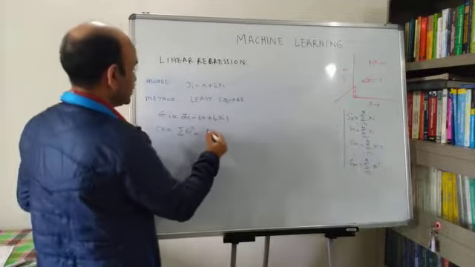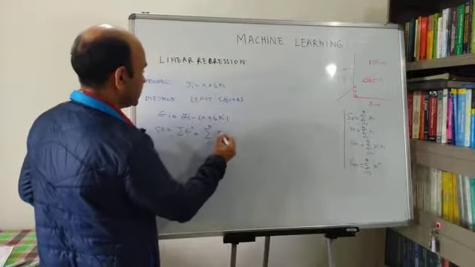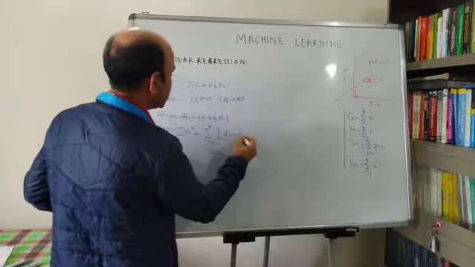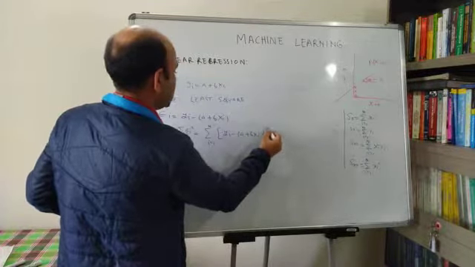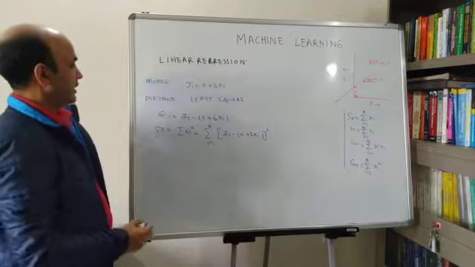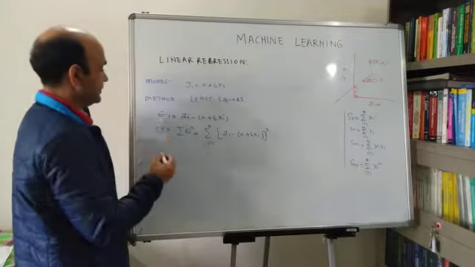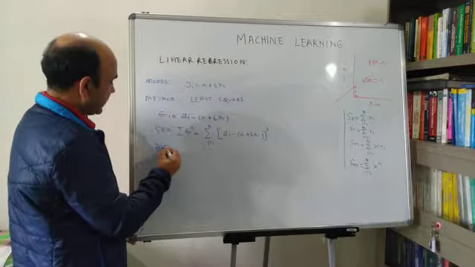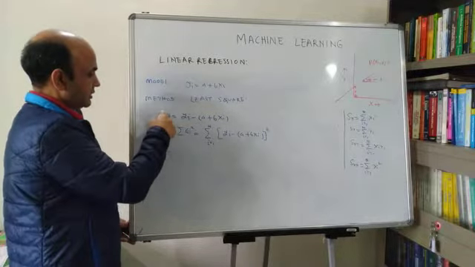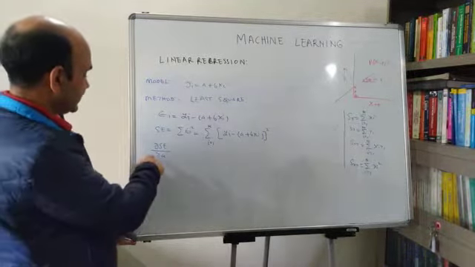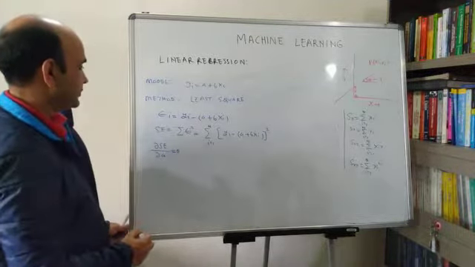So it becomes the sum from i = 1 to n of (yi - (a + bxi)) squared. This is the term. What this method proposes is that we vary this sum of the squares of error terms with respect to the parameters and set it to 0.